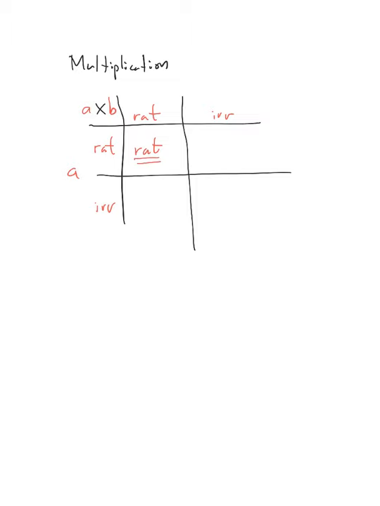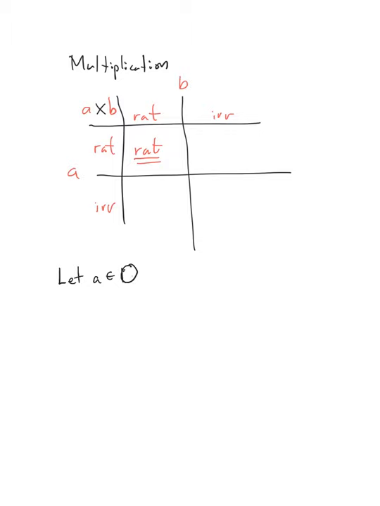So we know if a and b are both rational, we get another rational number. Again, with multiplying one rational and one irrational, we get nearly the same thing. So let's show that. Let a be rational.